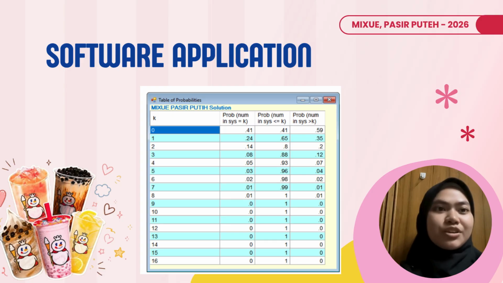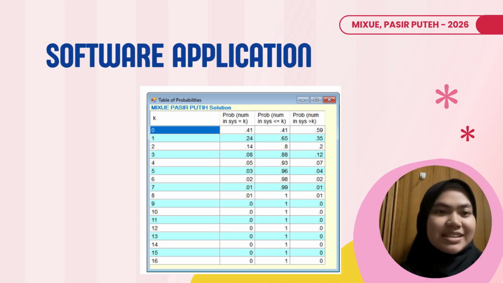Now, let's move on to the probabilities. This table helps us understand how busy the system gets. We can see the probability of finding zero customers in the system is 41%. This means the system is empty almost half the time, which is a good condition.